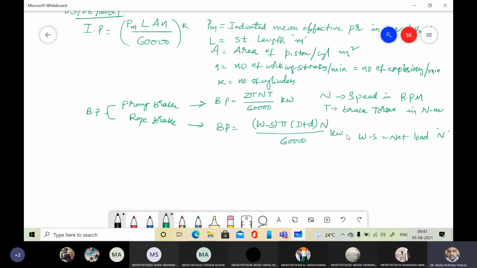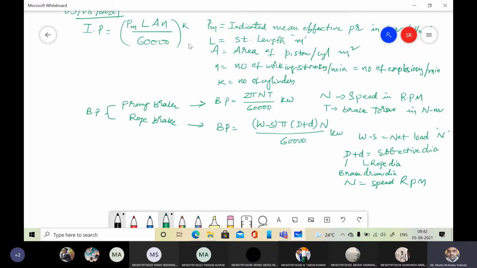If kg is given, you should convert into Newton. Capital D is the brake drum diameter, small d is the rope diameter, so capital D plus small d is called the effective diameter, and as usual N is the speed of the engine in RPM.